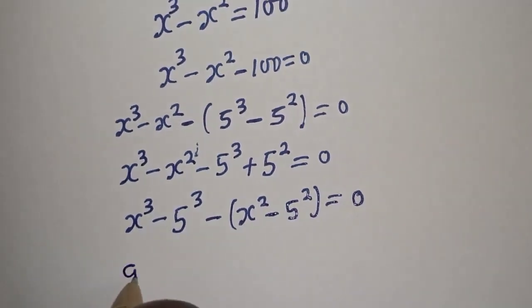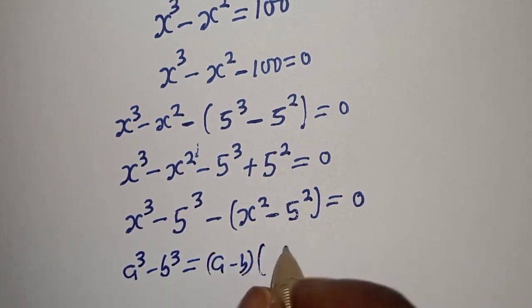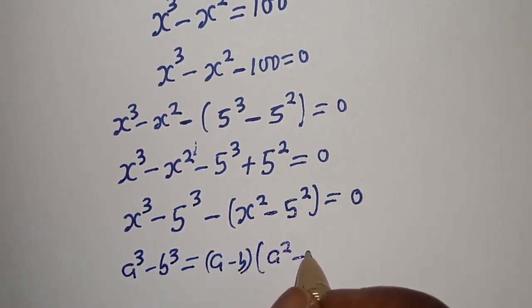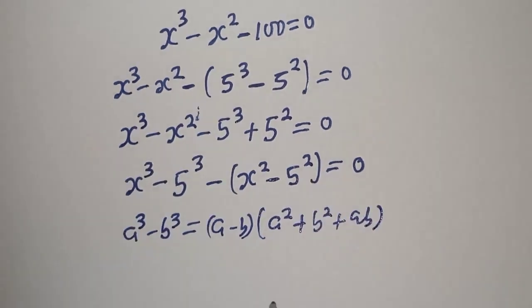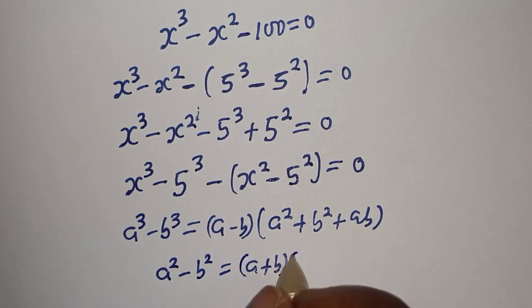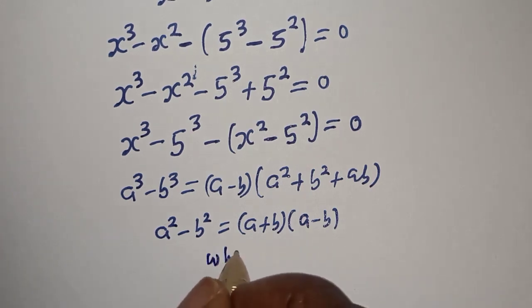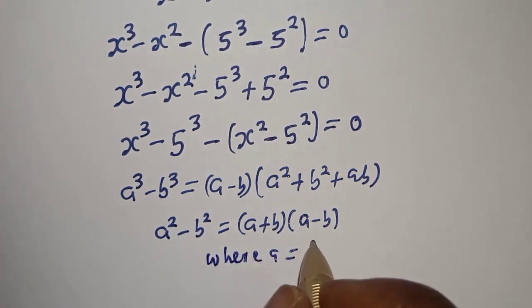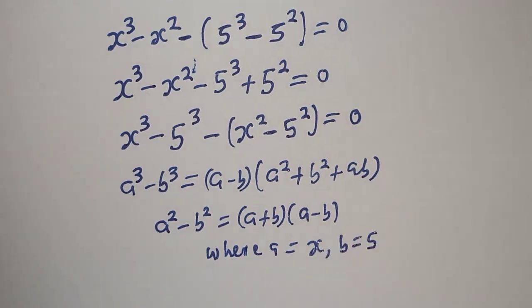Then if you have a raised to power 3 minus b raised to power 3, this is equal to a minus b, bracket a squared plus b squared plus ab. Then if you have a squared minus b squared, this is equal to a plus b multiplied by a minus b, where a is equal to s and b is equal to 5.